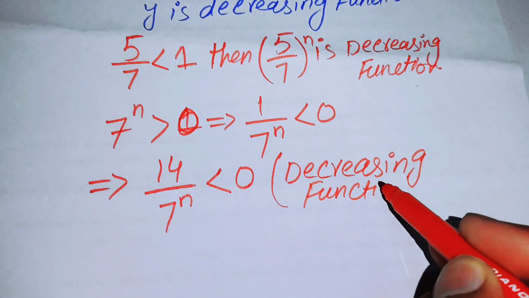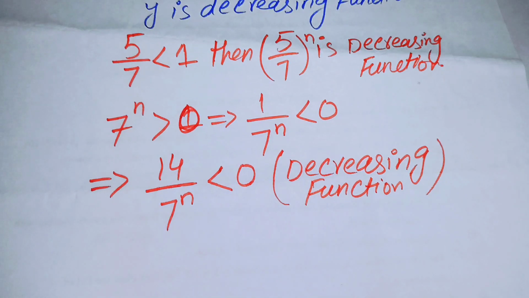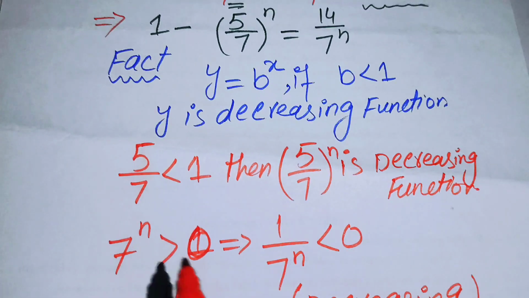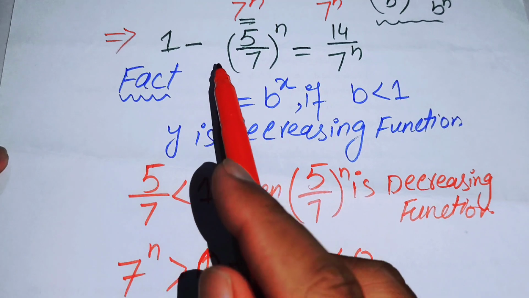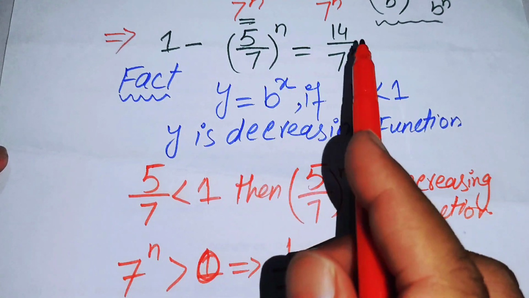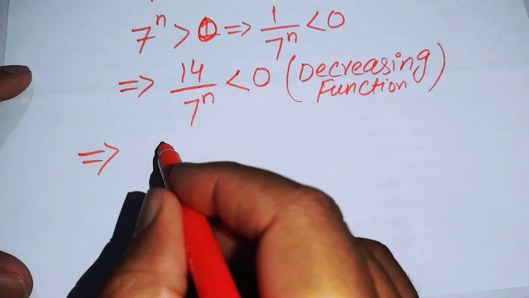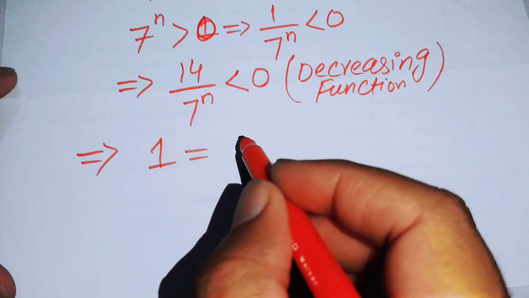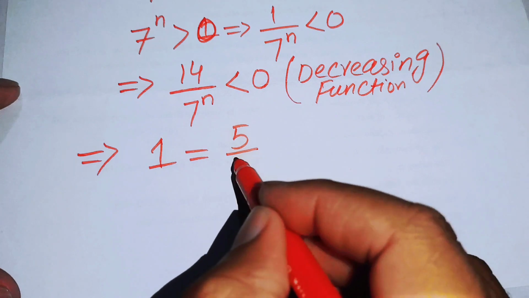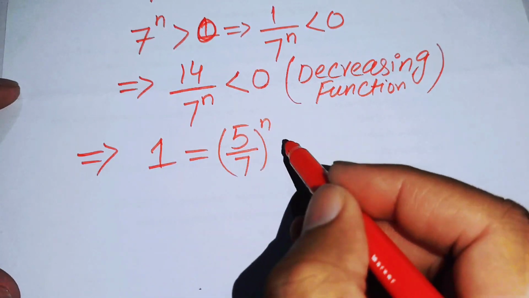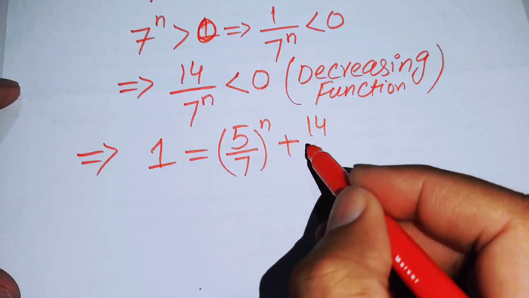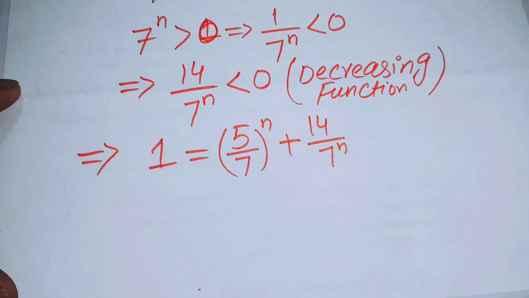So now we can make a little bit of simplification here, and we can move this minus 5 over 7 to the power of n to the right hand side, and you will get 1 is equal to 5 over 7 to the power of n plus 14 over 7 to the power of n.